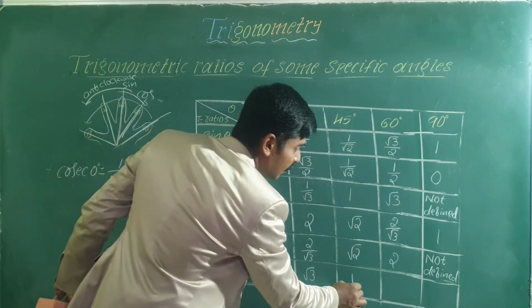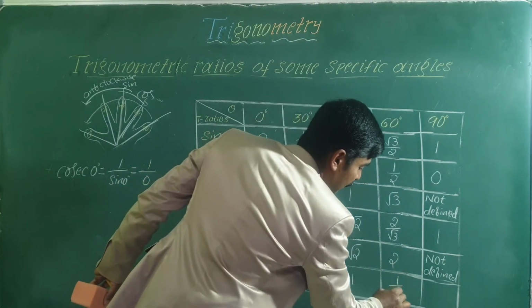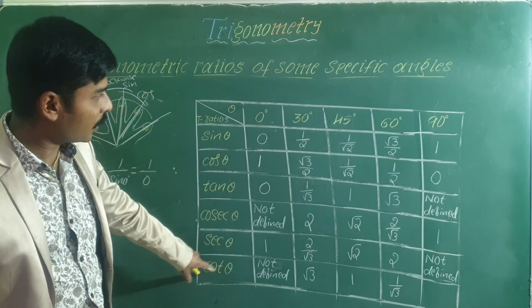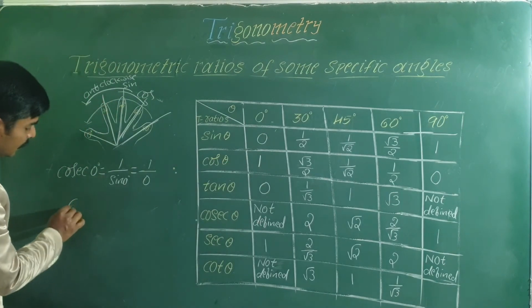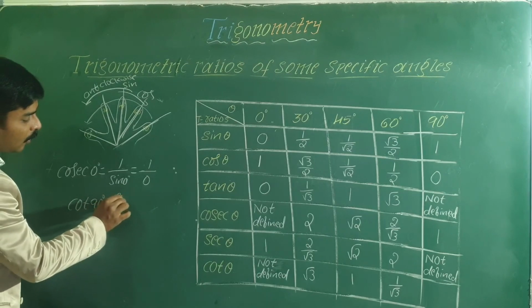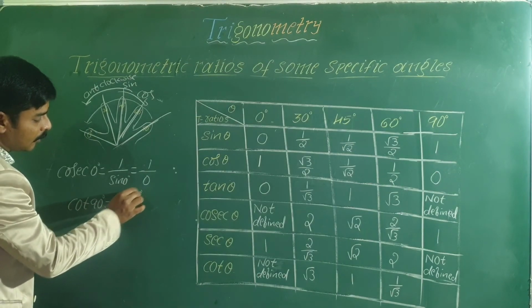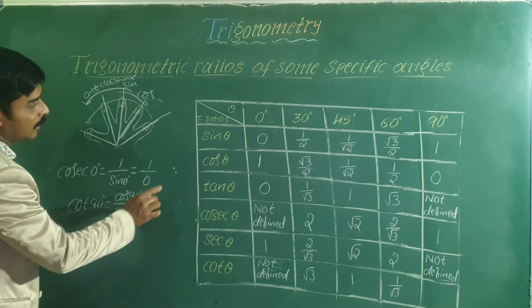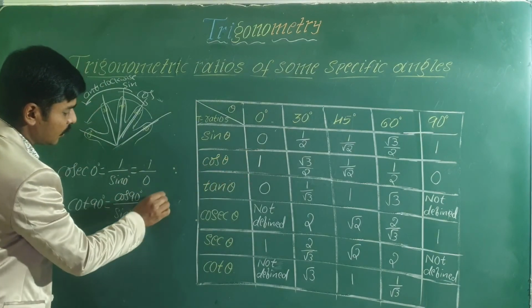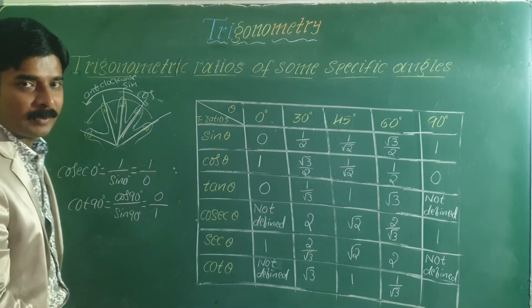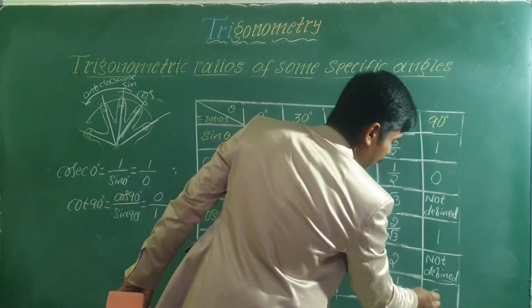Reciprocal of 1 is 1. Reciprocal of root 3 is 1 by root 3. Next, for cot 90 degree, cot 90 degree is cos 90 degree by sin 90 degree. How much is cos 90 degree? Cos 90 degree is 0, divided by sin 90 degree, 1. So 0 divided by 1 is 0.